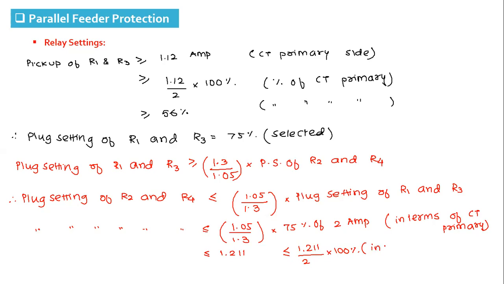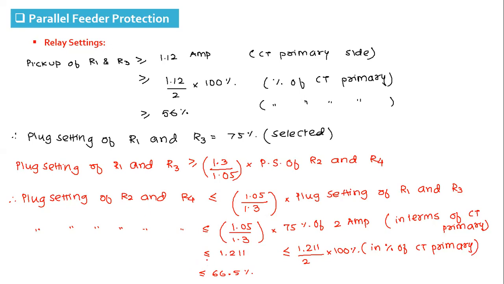So in terms of percentage of CT primary, this comes as less than 66.5%. So it should be less than this.